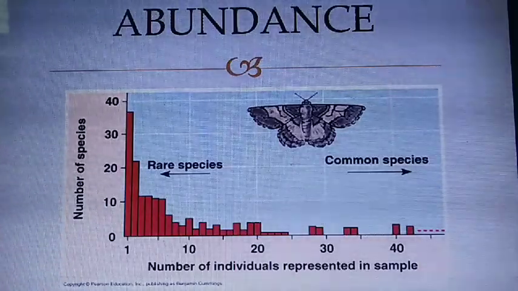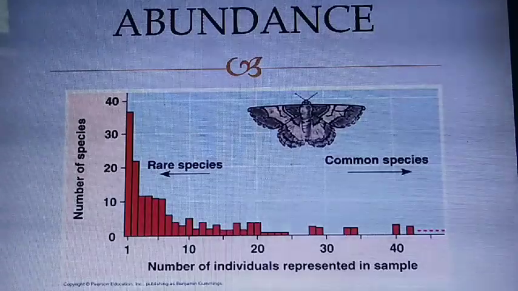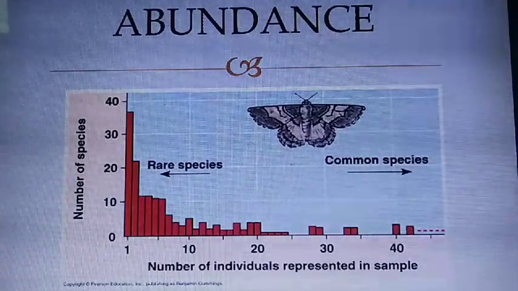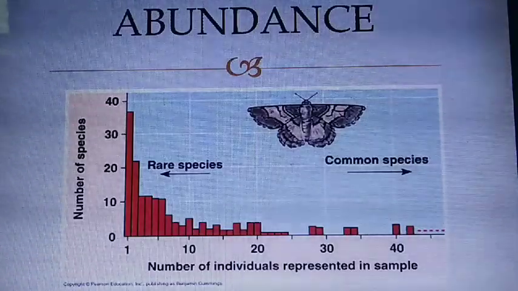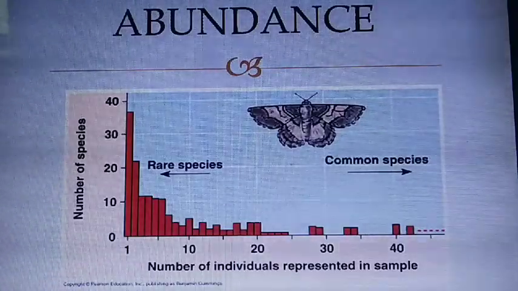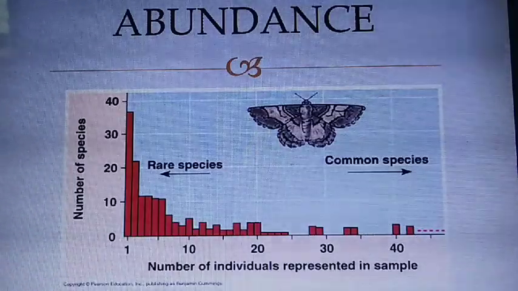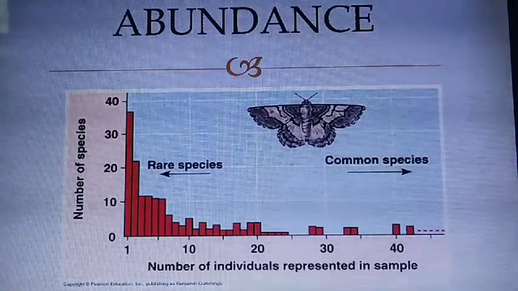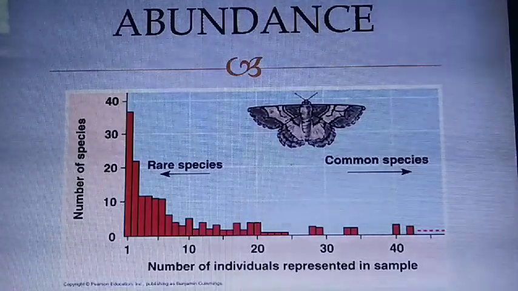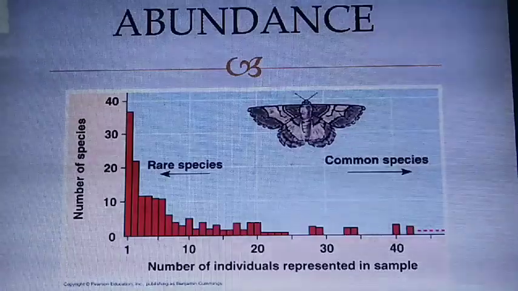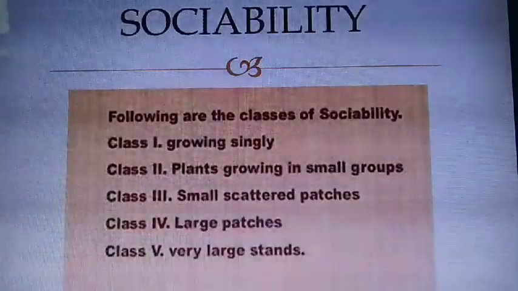The groups are categorized into very rare, rare, common, frequent, and very frequent. As in the picture, some are rare species, some are common species, and similarly, some will be very rare, some are frequent, and some are very much frequent.